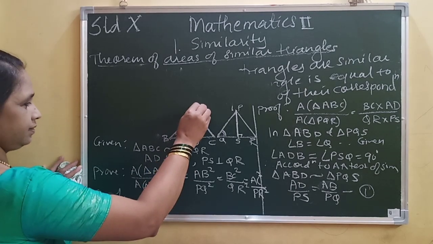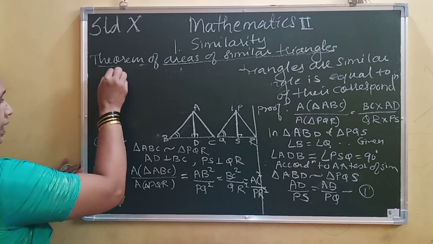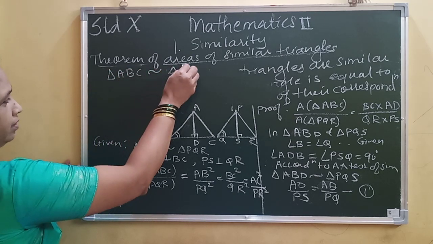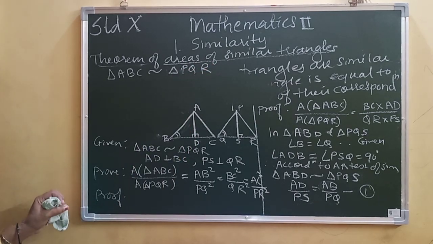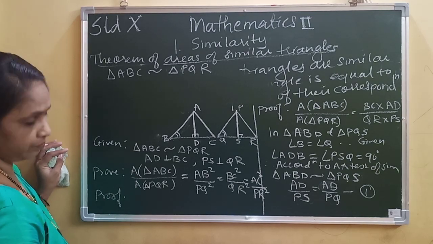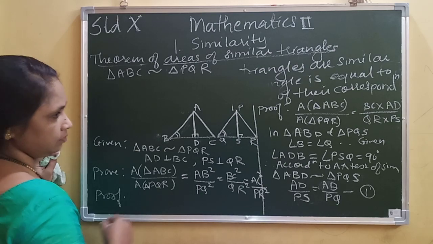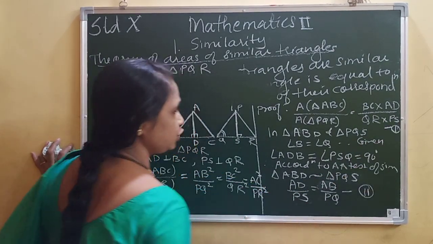So as this triangle is similar, this will give as 1 and this will give as 2.